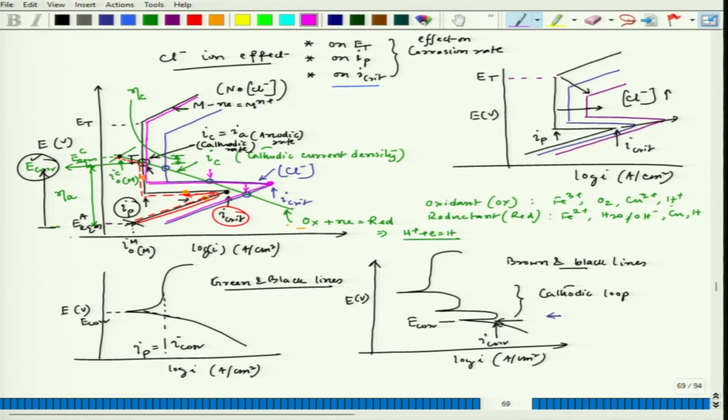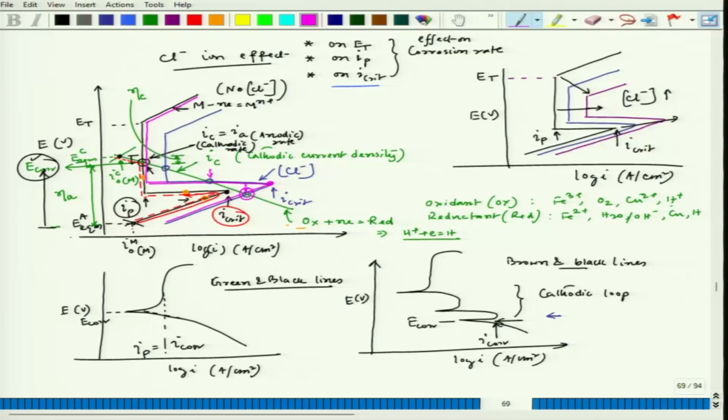So, this is affecting the corrosion resistance of the metal badly, because we have a very high corrosion rate corresponding to this particular I core.